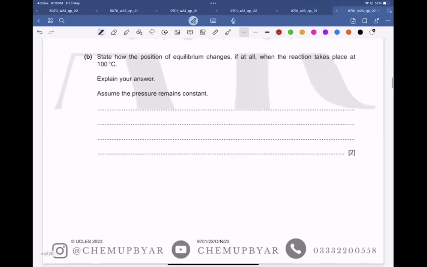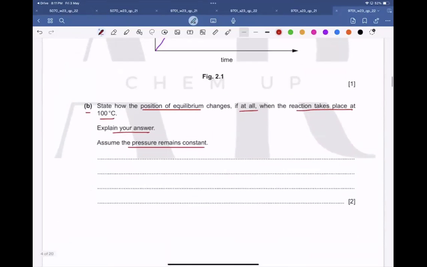Now, B part. State the position of equilibrium changes, if at all, when the reaction takes place at 100 degrees Celsius. Explain your answer. Assume the pressure remains constant. So what they did, they increased the temperature.